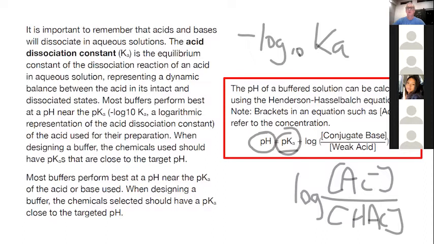So this shows you basically why it is that buffers only really work very well near their pKa. Because if we have to change this ratio by any more than about, say, 10 to 1 or so, then we run out of buffering capacity pretty quickly.